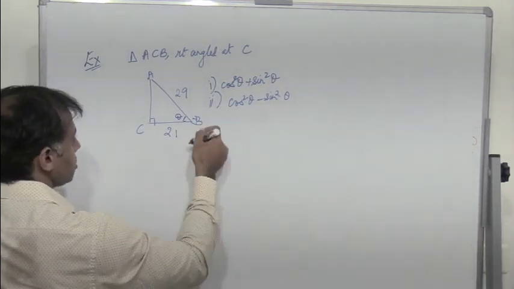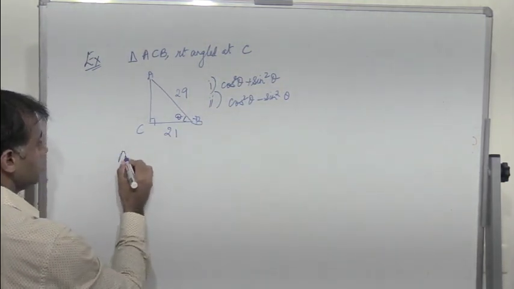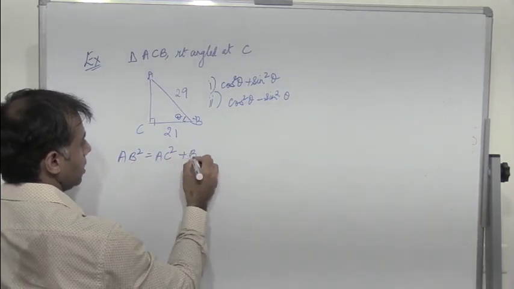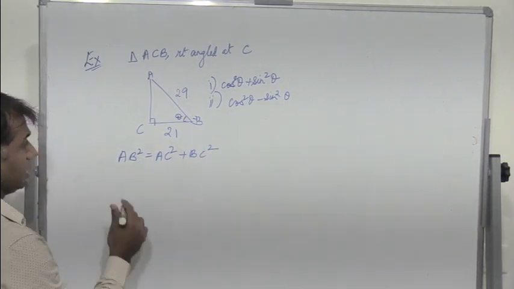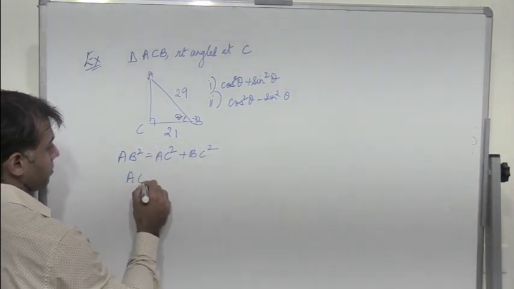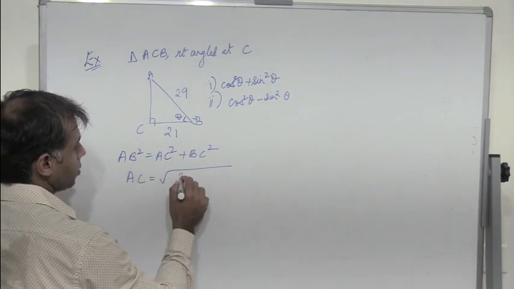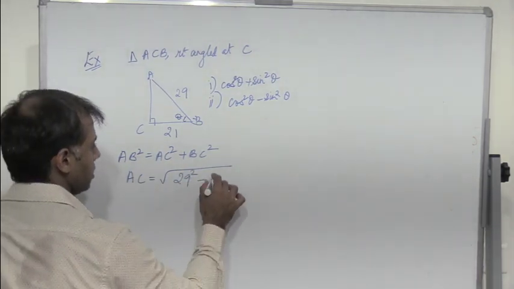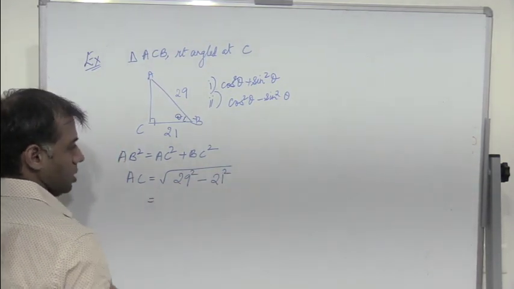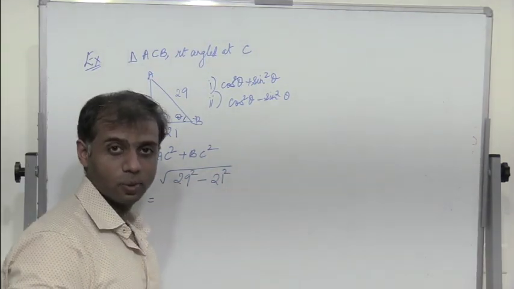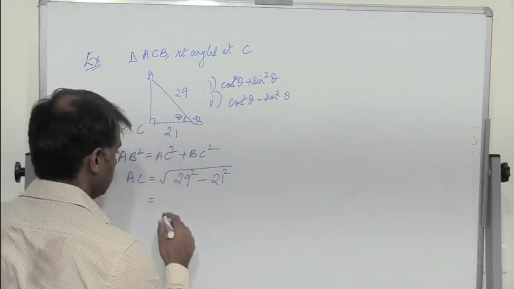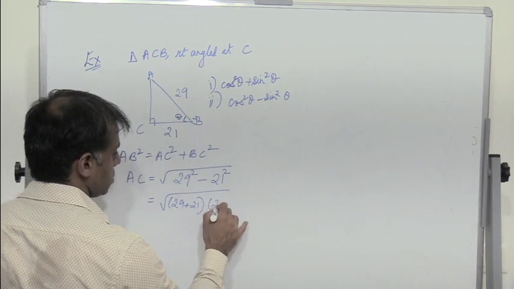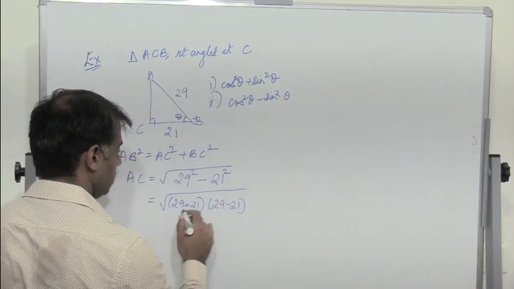So this is a right angle triangle. So from Pythagoras theorem I have AB square, which is AC square plus BC square, right? So what is AC? It is root of AB square, 29 square, minus BC square, which is 21 square. So this is like A square minus B square, which is A plus B into A minus B. So I can write this as 29 plus 21 into 29 minus 21.